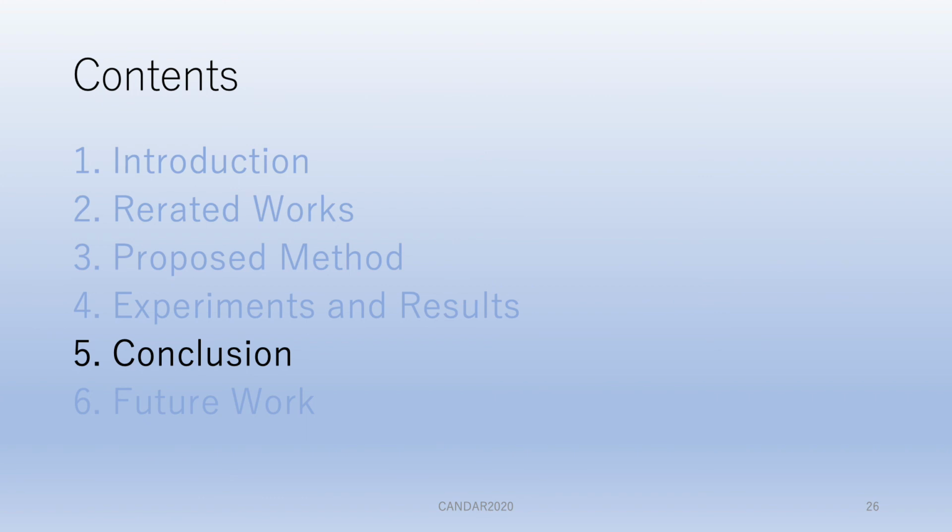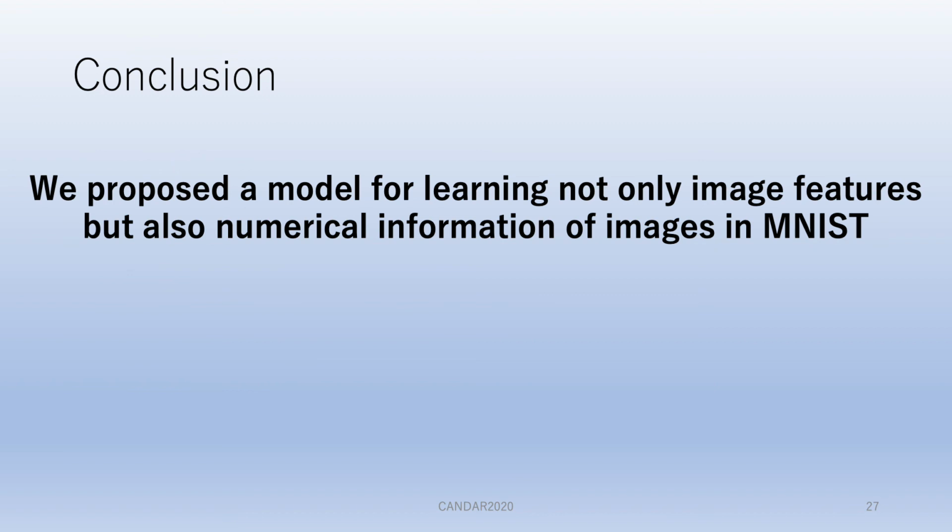Fifth, I'd like to start by talking about the conclusion. In this study, we proposed a model for learning not only image features but also numerical information of images in MNIST.